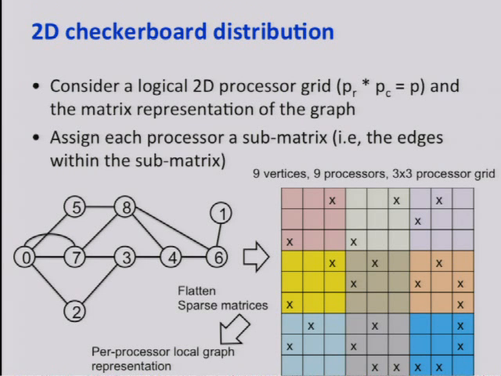Thanks, though. So when you have, let's say, 9 processors, you would assume them as if they are in a logical processor grid of something close to square root of P by square root of P. And in this particular example, it's 3 by 3. This is the sparse adjacency matrix that represents this graph. And every different color shows a different processor.